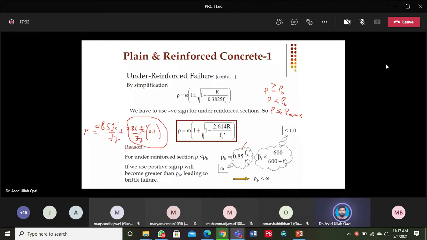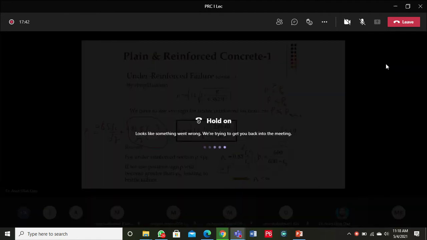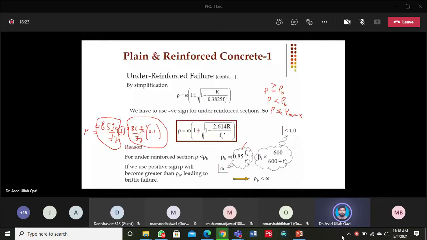And in our case, less than rho B, it will definitely be greater than rho B. So that is the reason the positive root is not selected.